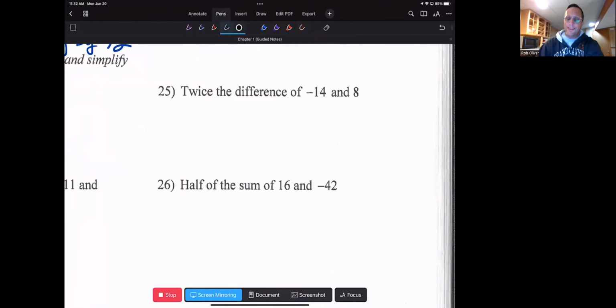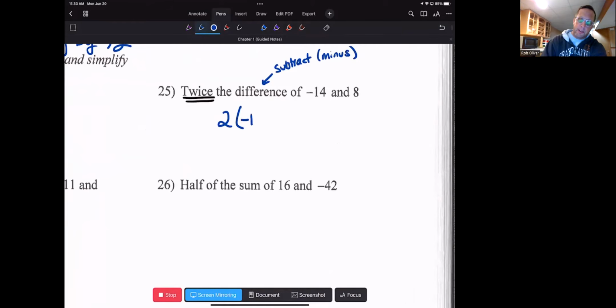All right, twice the difference of -4 and 8. Now it's got and in it as well, so we have parentheses, and twice means multiply by 2. So we're going to multiply by 2. The difference means subtraction or minus. So you're going to do -14 minus 8, or -8 minus -14.